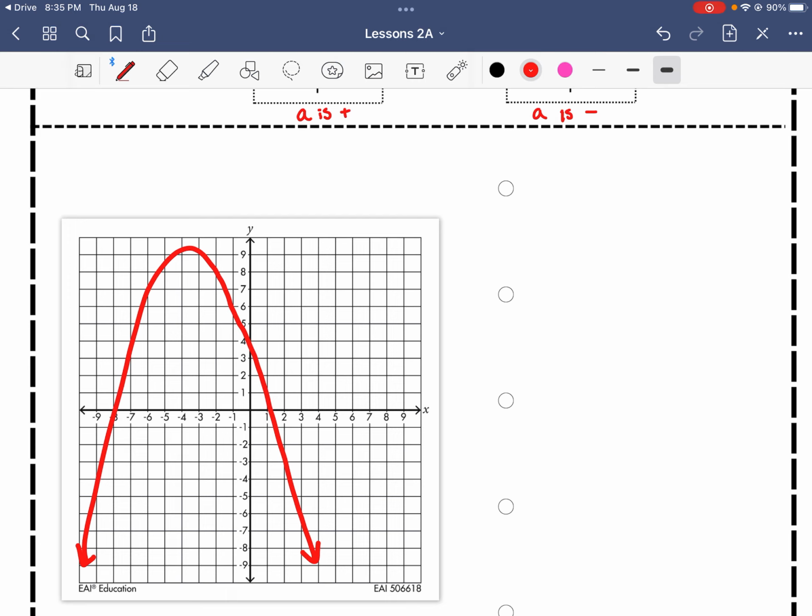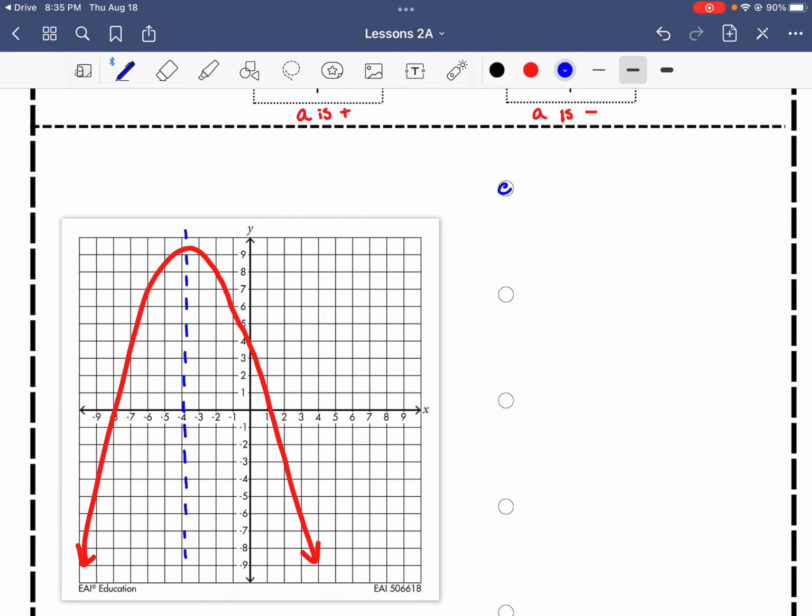Now, the first thing you might notice is that a parabola is symmetric, which means that if I were to fold this parabola in half, it would fold perfectly like a book. And that line is found right here. If I were to fold it like a book exactly on my blue line, it would fold and the edges would touch perfectly.